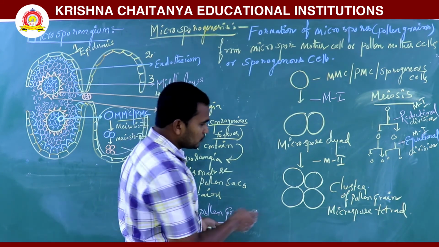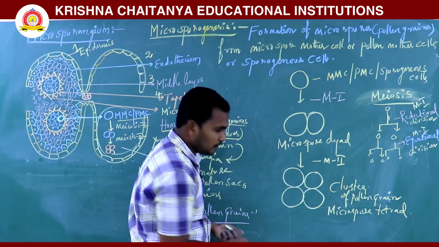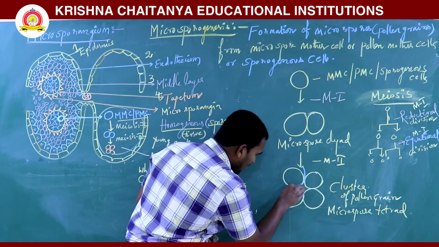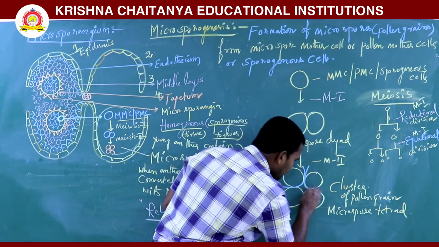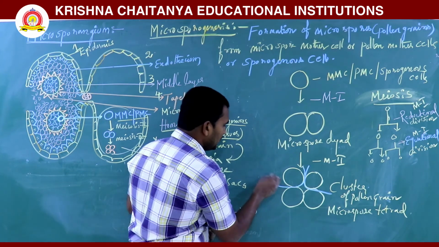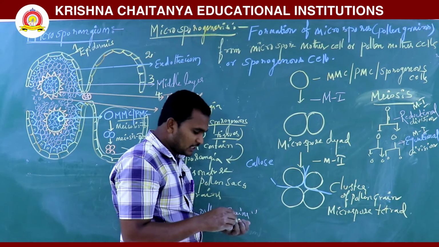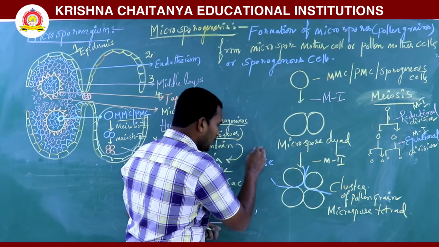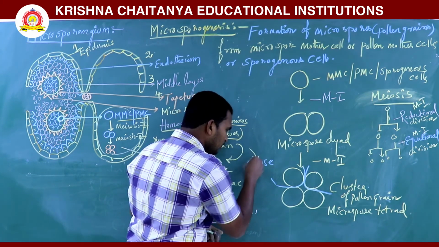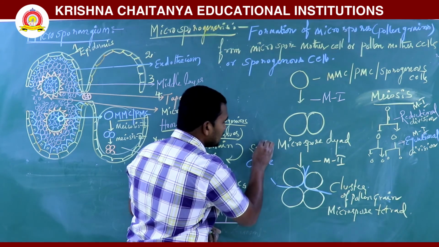When the anther is fully matured, callose is present, as we discussed before. Callose is dissolved by the callase enzyme.